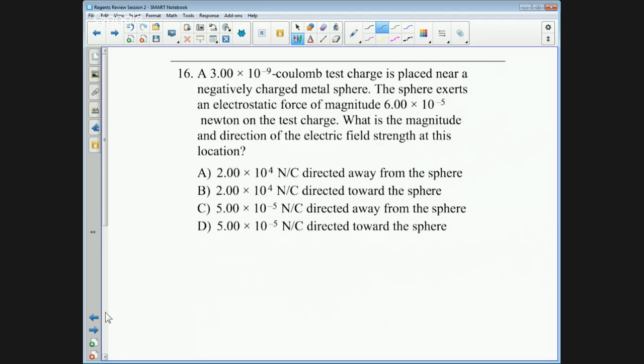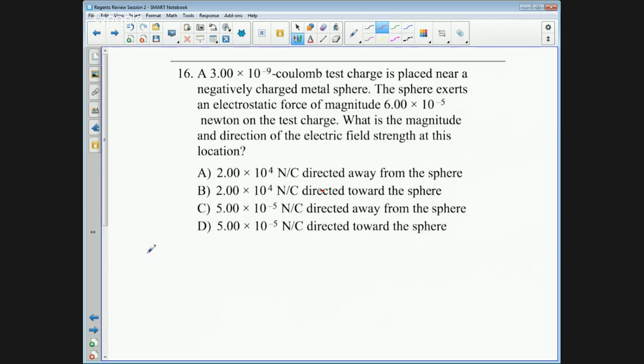Number 16, it says a 3 times 10 to the negative 9 coulomb test charge is placed near a negatively charged sphere. The sphere exerts an electrostatic force of magnitude 6 times 10 to the negative 5 newtons on the test charge. What is the magnitude and the direction of the electric field strength at this location? Electric field strength, I forget what that is, but I have to go on my reference table on page 4 of the reference table.